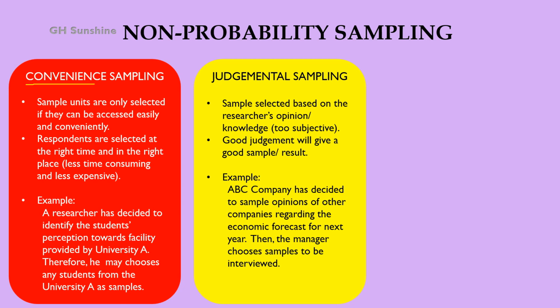For example, ABC company has decided to sample opinions of other companies regarding the economic forecast for next year. Then, the manager chose the sample to be interviewed. So this one, the manager chose on his own, therefore totally based on his judgment.